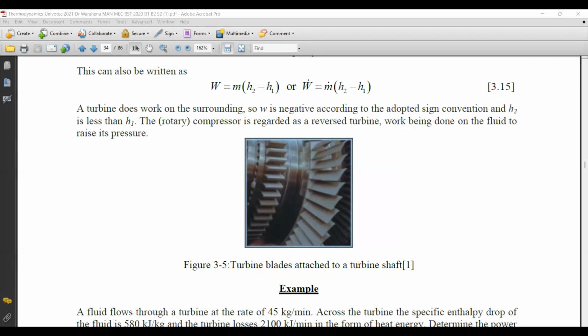Same parameters. E out, m dot. And definitely there is heat out. But we can have Q net in. Work done.